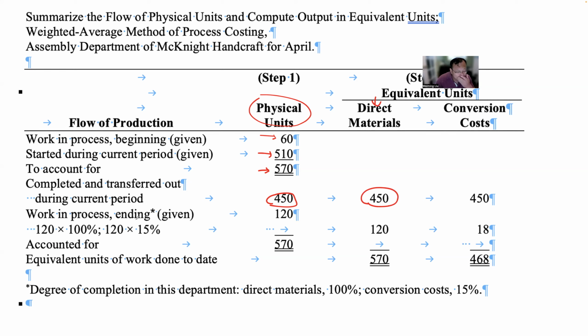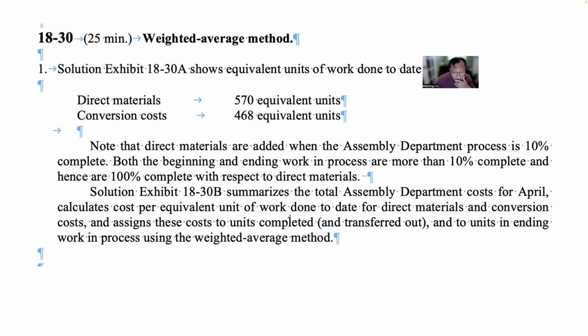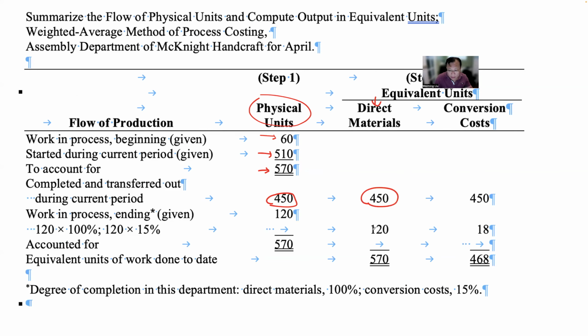For the work in process ending inventory, there are 120 unfinished units, but the materials have been 100% added. So 120 times 100%. For direct materials, the equivalent units are 570.